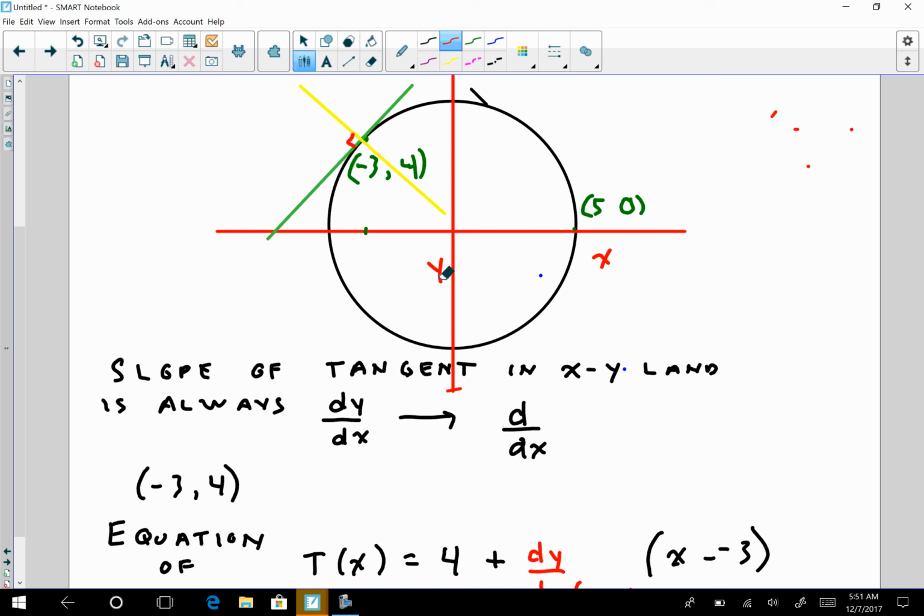So whenever I talk about tangent lines, I have to be talking about dy dx. This is how we denote slopes of tangent lines. And my goodness gracious, we've been talking about that for months. So how am I going to get a dy dx? I'm going to use this operator right here, d dx.